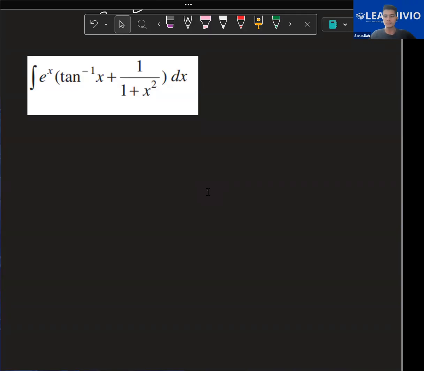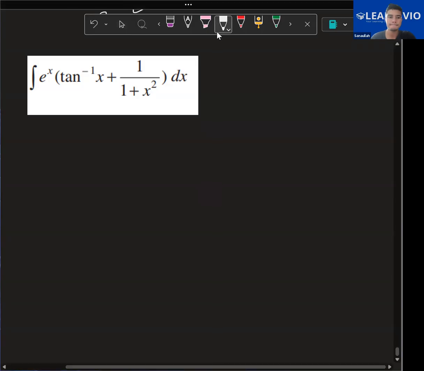ओके, राइट. तो you have to apply that ILATE two times. तो इसका एक फॉर्मूला होता है.